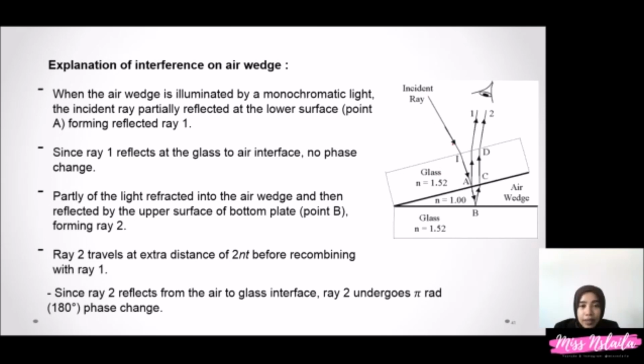When an incident ray of monochromatic light is incident on the first glass, it will reflect at this point A, producing ray 1 right here.